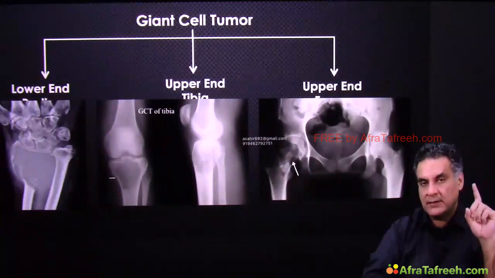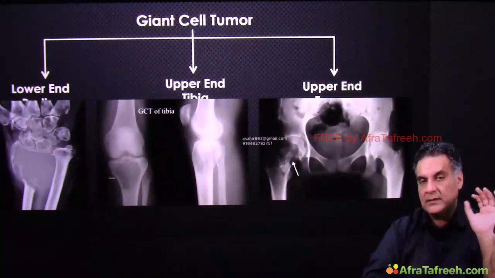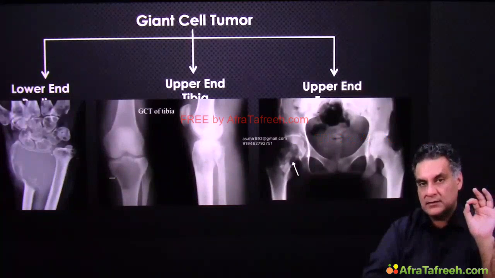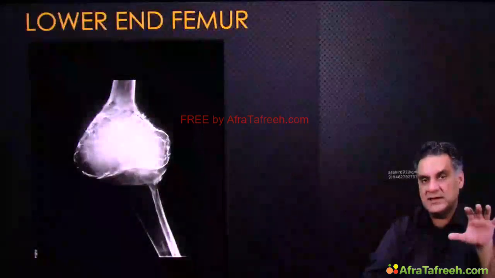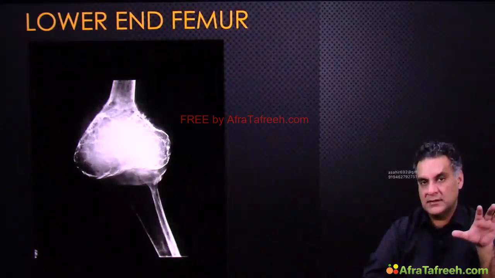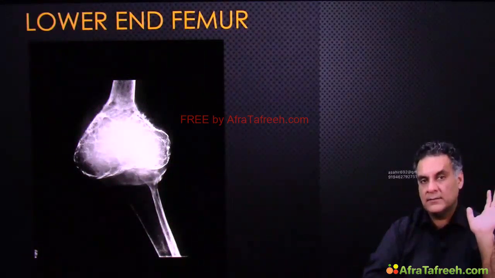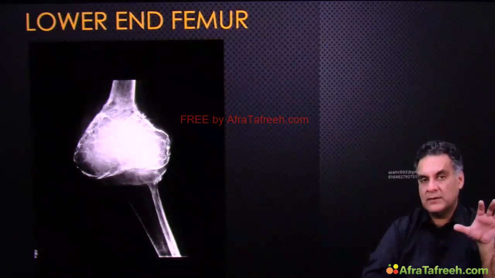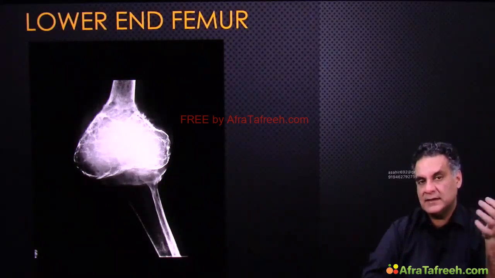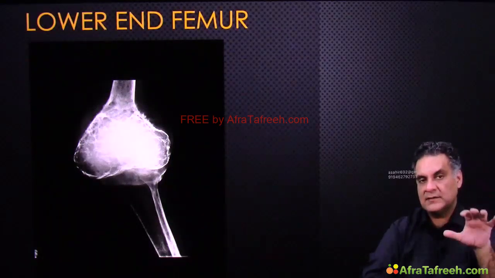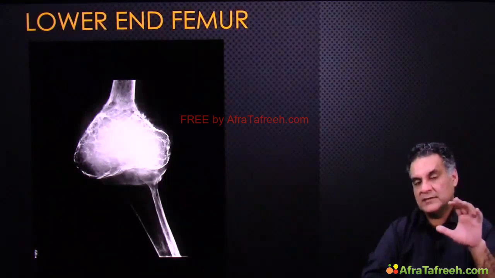One more dictum that you should remember. Lower end radius, most common tumor is GCT, but GCT's most common location is lower end femur. So when we talk about some love triangles in orthopedics, first decade likes Ewing's, but Ewing's is more common in the second decade.